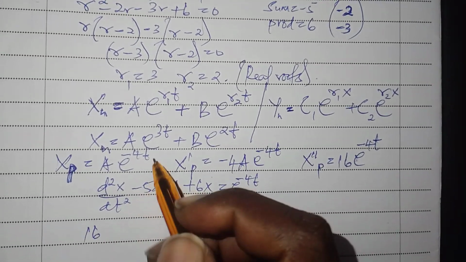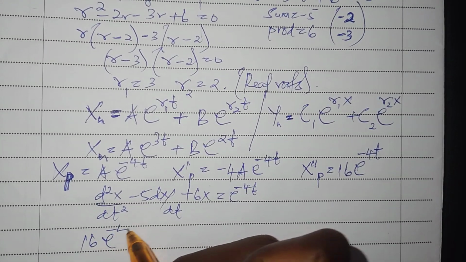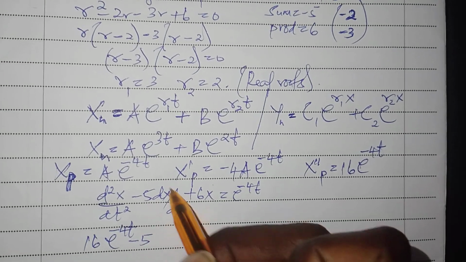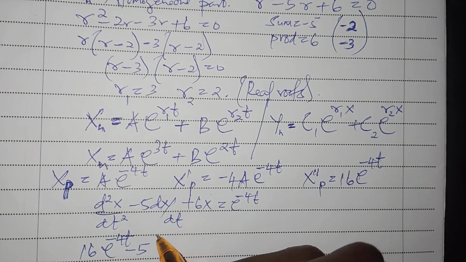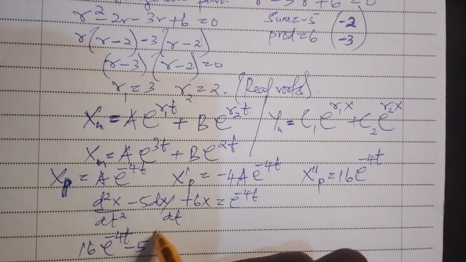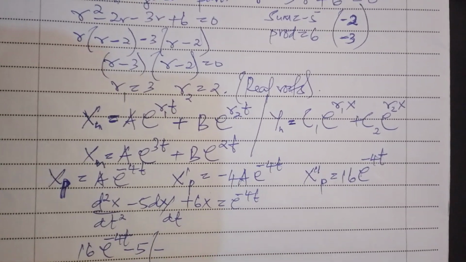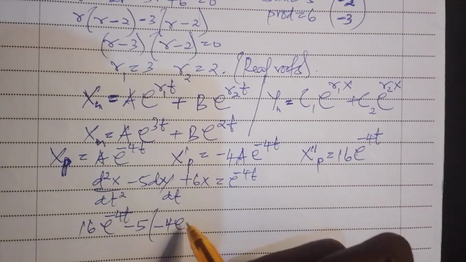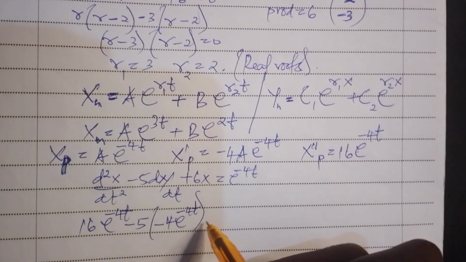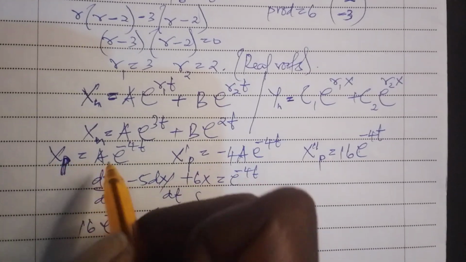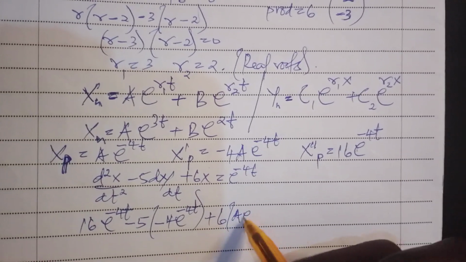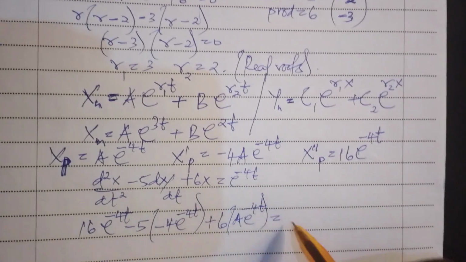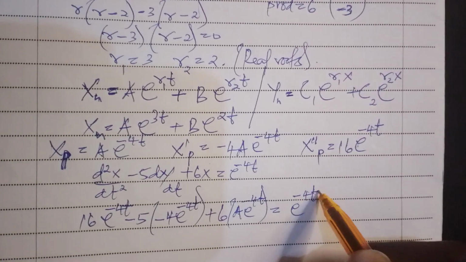So we have 16 e to the negative 4t minus 5 times the first derivative of the particular solution, minus 4 e to the negative 4t, plus 6 times x, which is a e to the negative 4t, is equal to e to the negative 4t.